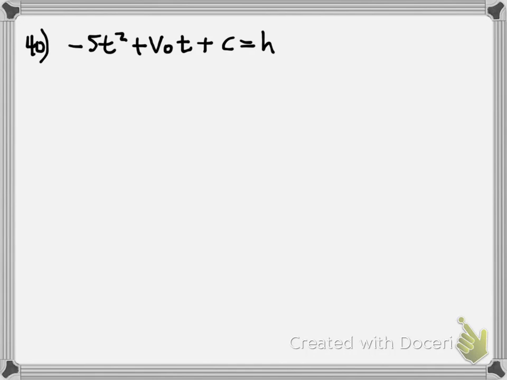So what does the 80 represent? Yeah, it's where it started initially. So that's your 80 meters. And you can tell it's going to be C because it has a distance label, and that's what C represents, a distance. All right, so then, it just breaks loose. About how long does it take the rock to fall to the ground?